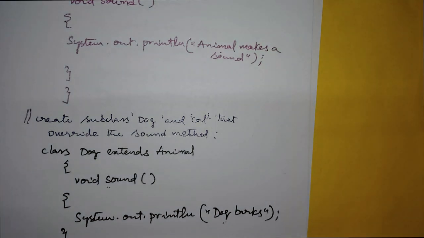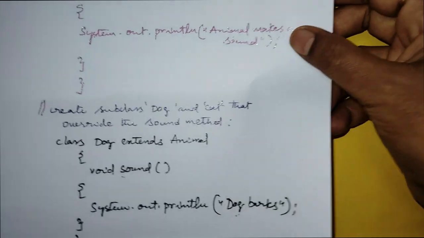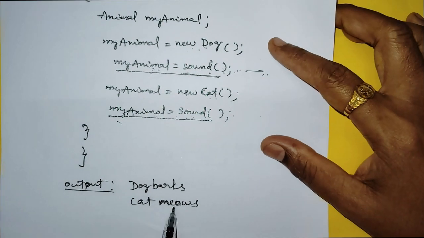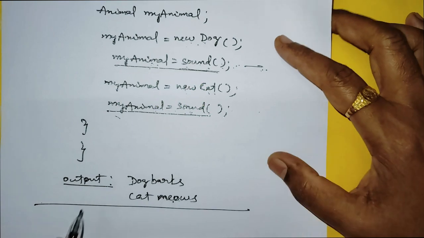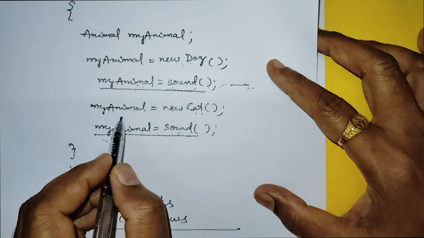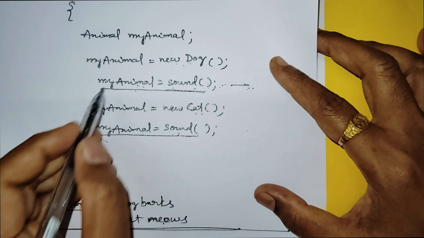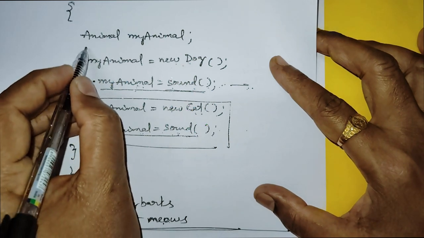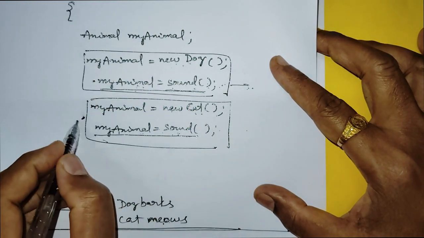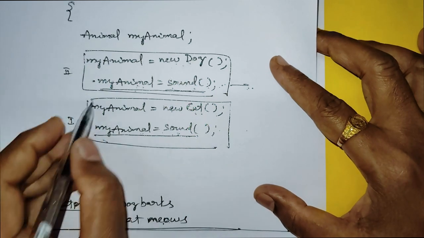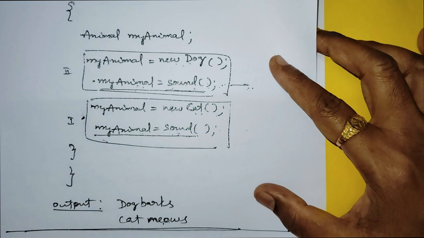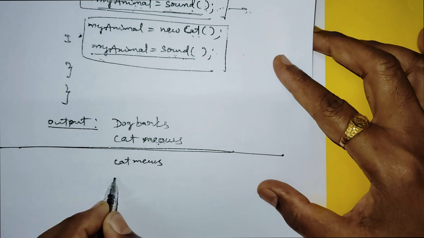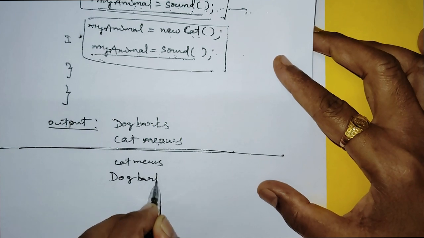Now one more thing. Dog barks was printed first and the next one is cat meows. The case study is that if you write the cat's my animal portion first and the dog portion below it, then first cat meows will be printed, next dog barks.